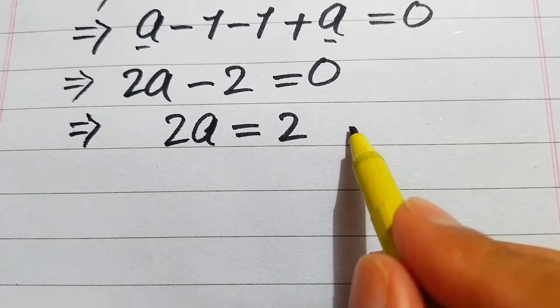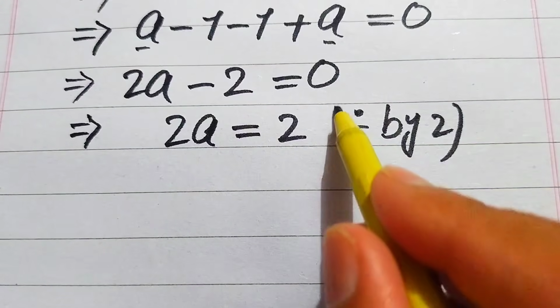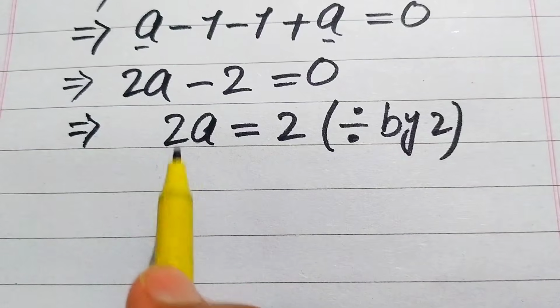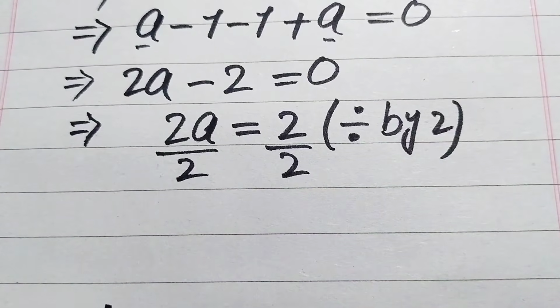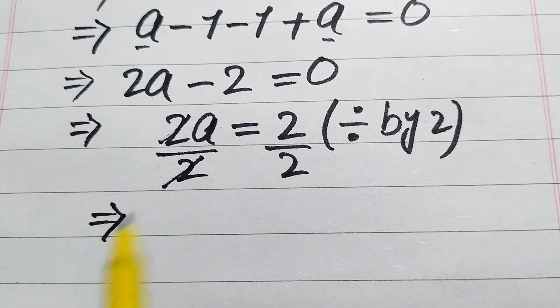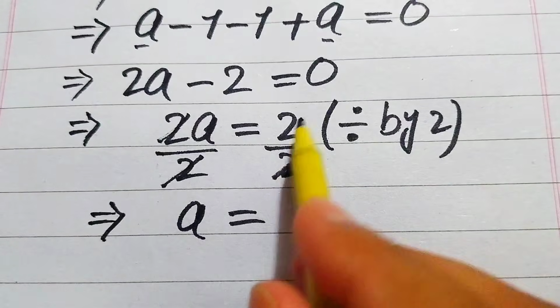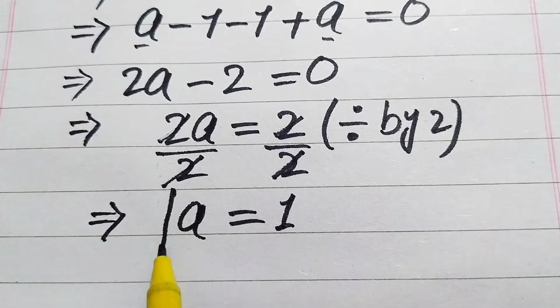Now we divide both sides by 2 in order to remove this 2 from the left hand side, and the 2s cancel out by each other, and we get a is equal to 1.